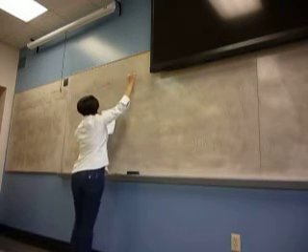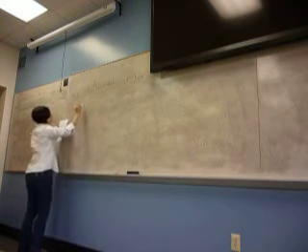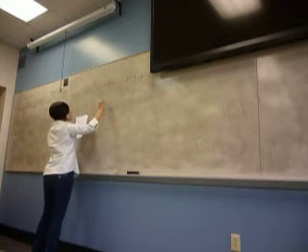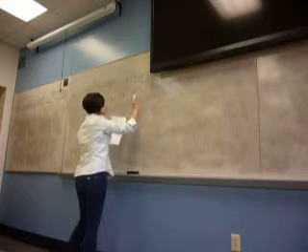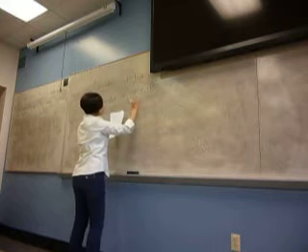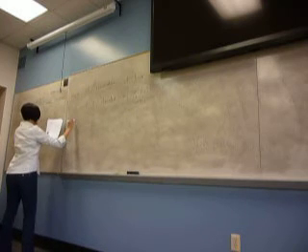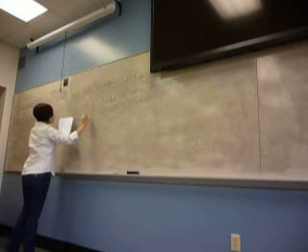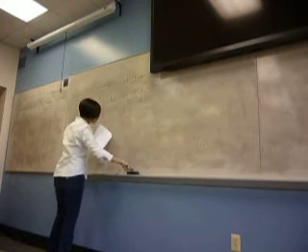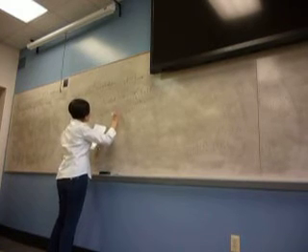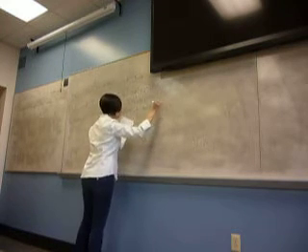Correlation of two random variables x and y, which is denoted by rho of xy, so that's the symbol rho, is defined as long as the variance of x and the variance of y are greater than 0.